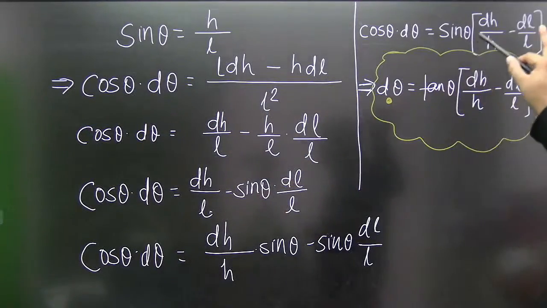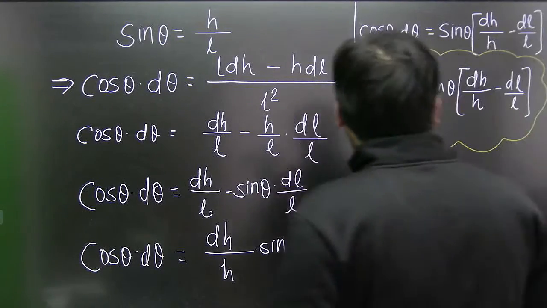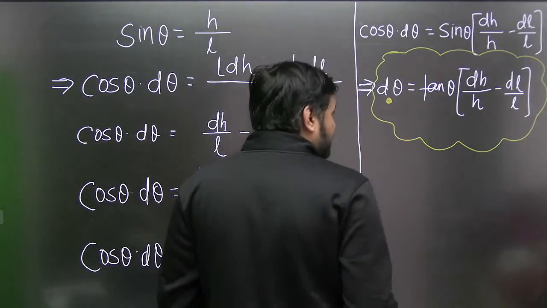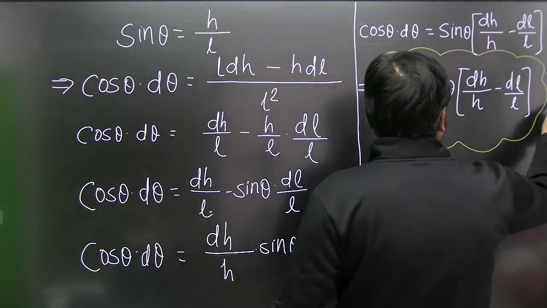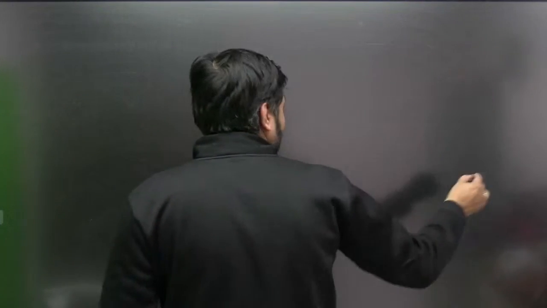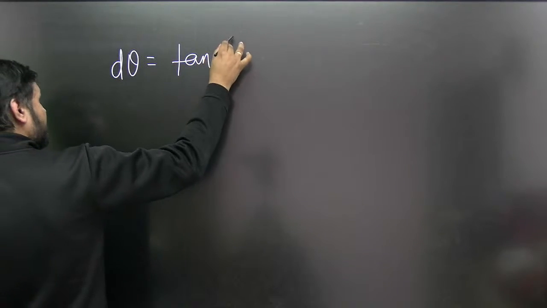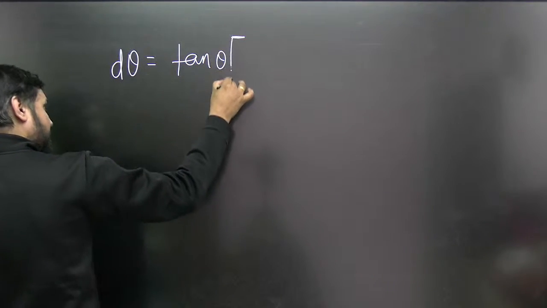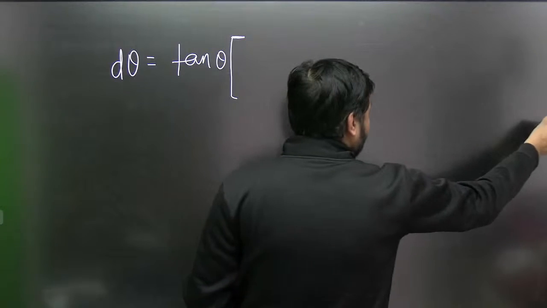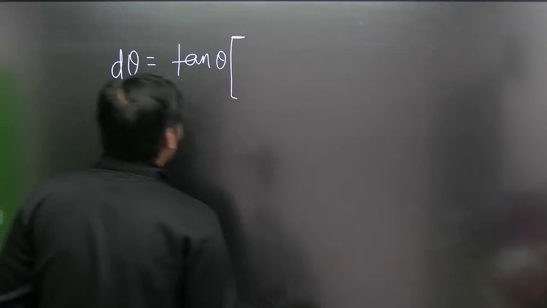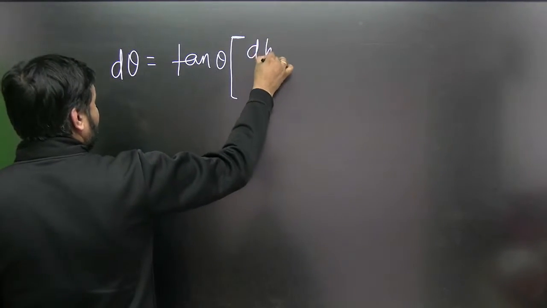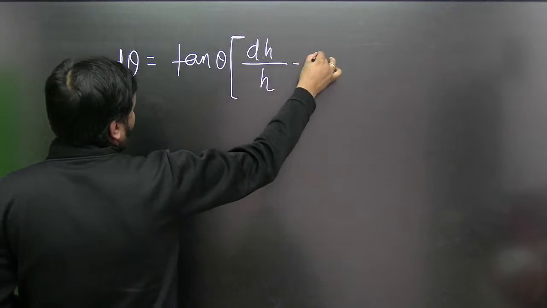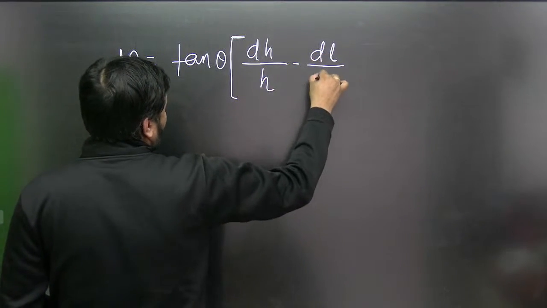So what you have to do here is, since this value is in radian, let me take another slide and I'll write it down over there. When you find that error in the angular measurement d theta, that is tan theta multiplied by what you found here, dH upon h minus dL upon L. So this value is in radian.